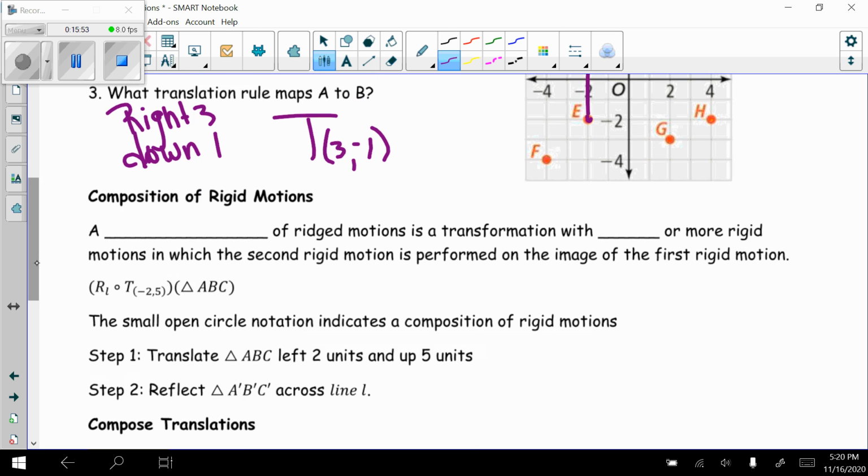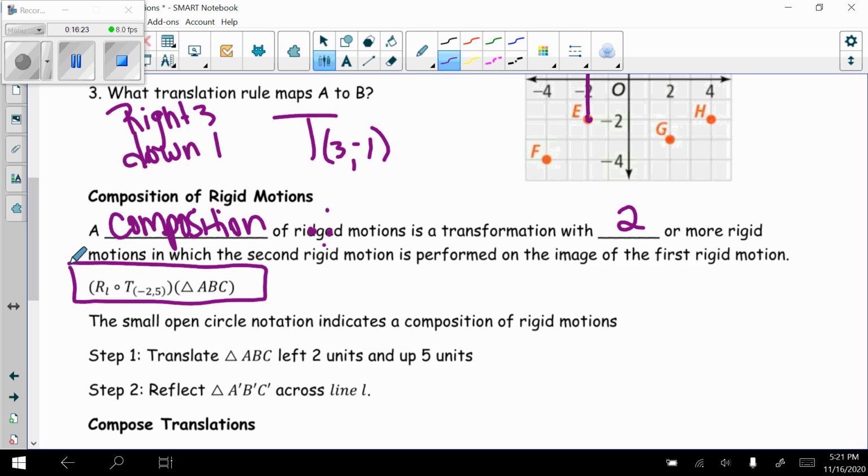So a composition of rigid motions is a transformation with 2 or more rigid motions in which the second rigid motion is performed on the image of the first rigid motion. Okay? This is what the composition is going to look like in our notation. And here it tells you that the small open circle indicates composition.